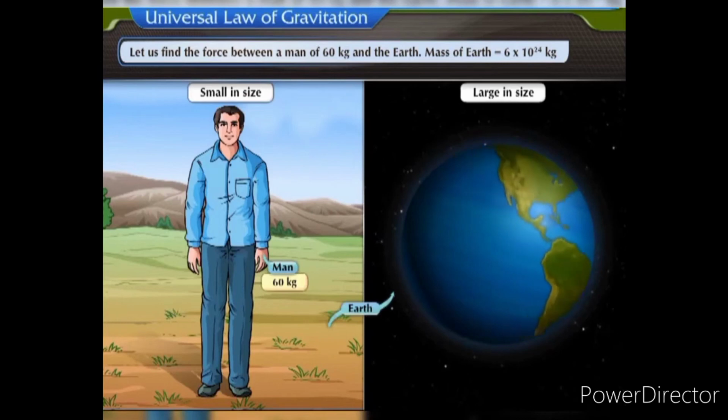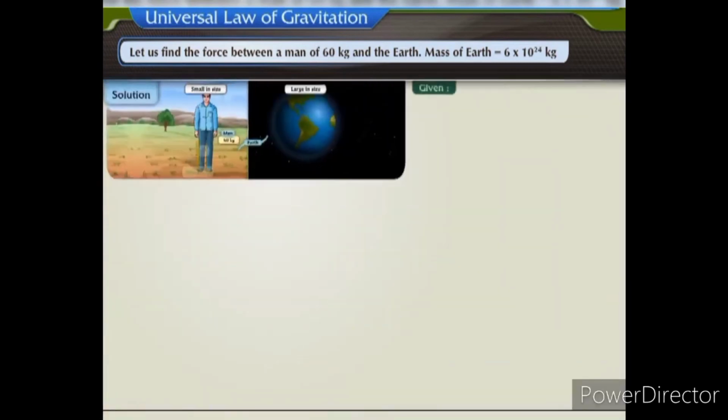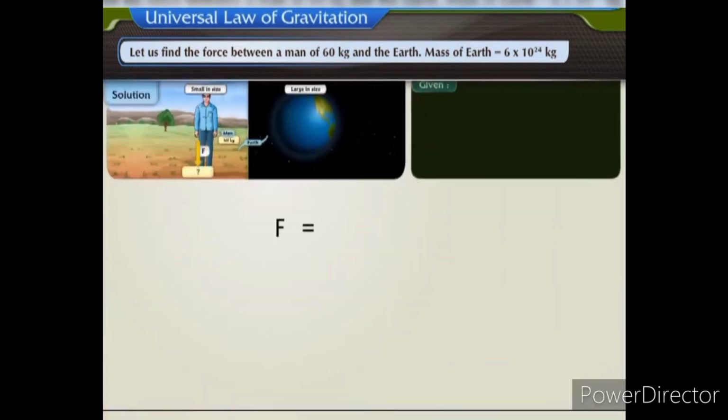Mass of earth is equal to 6 into 10 raised to 24 kilogram. F is equal to G into m1 m2 upon r square. Here m1 is equal to 60 kg, m2 is equal to 6 into 10 raised to 24 kg, and radius of the earth is r is equal to 6.4 into 10 raised to 6 meter.